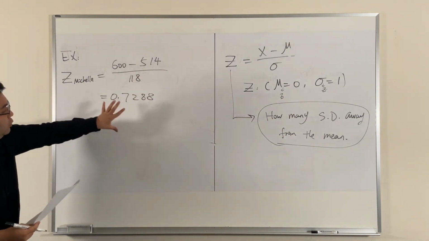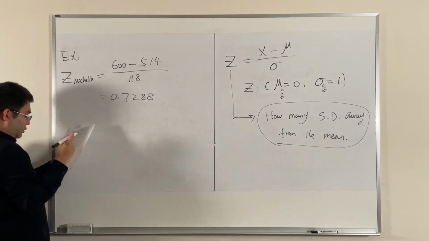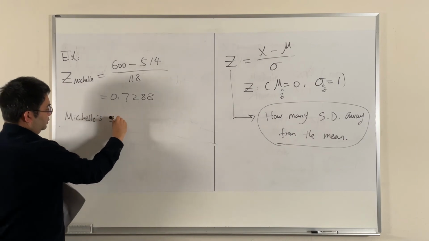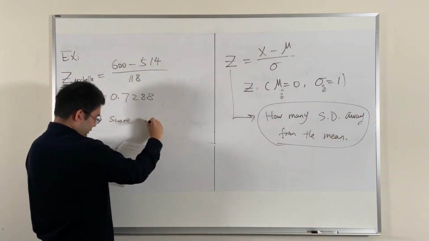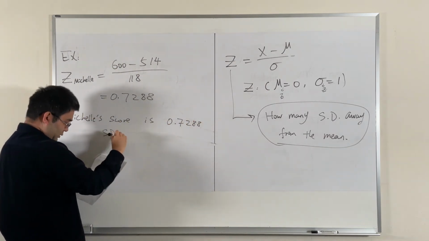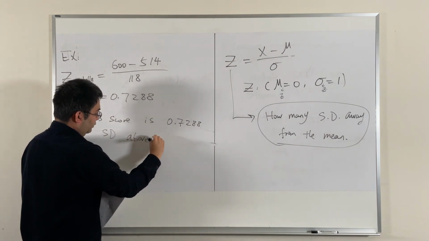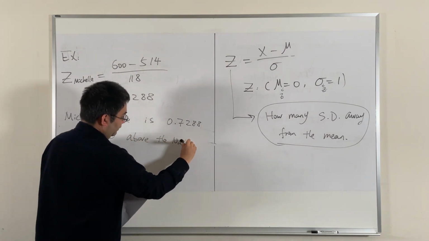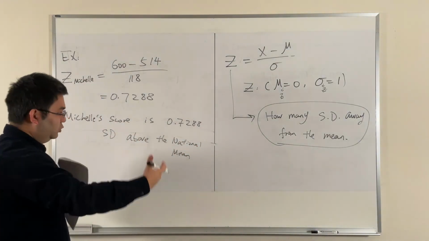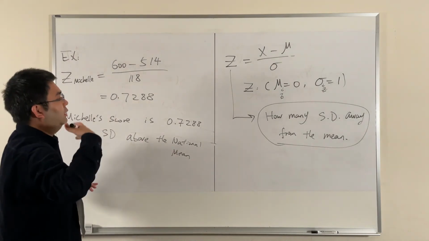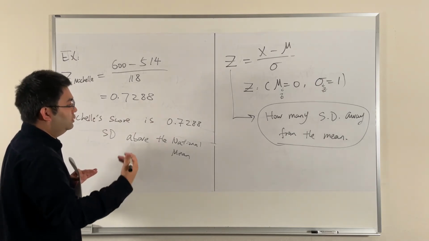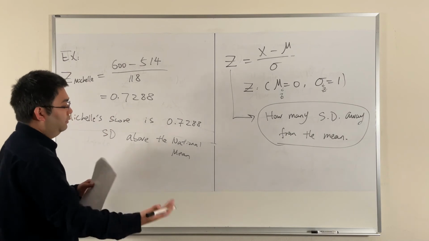Okay, so how to interpret this value here? This value tells us that Michelle's score is 0.7288 standard deviation above the national mean, right? So Michelle's score is above the national mean, above average, and how much above the national mean is 0.7288 standard deviation.